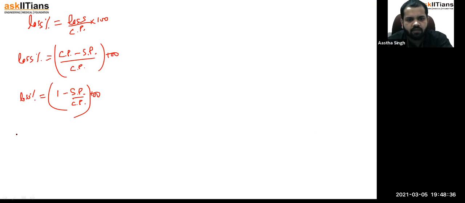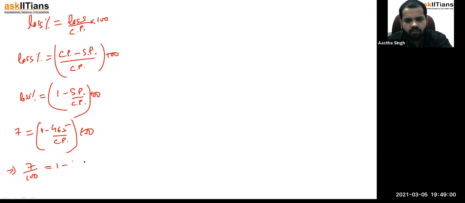Loss percentage is given as 7. 1 minus selling price, which is 465, divided by cost price, which you have to calculate, multiplied by 100. So 100 will go in division. So 7 by 100 is equal to 1 minus 465 by cost price.